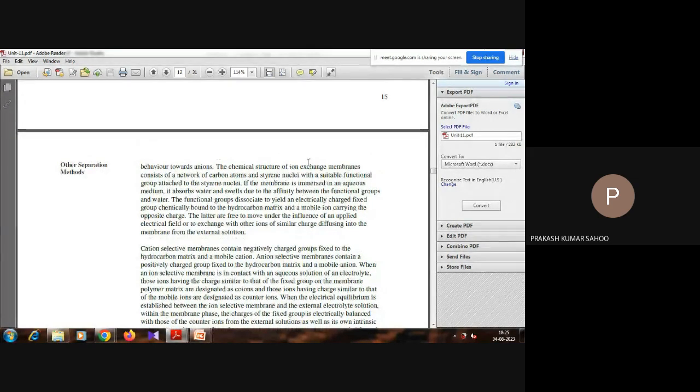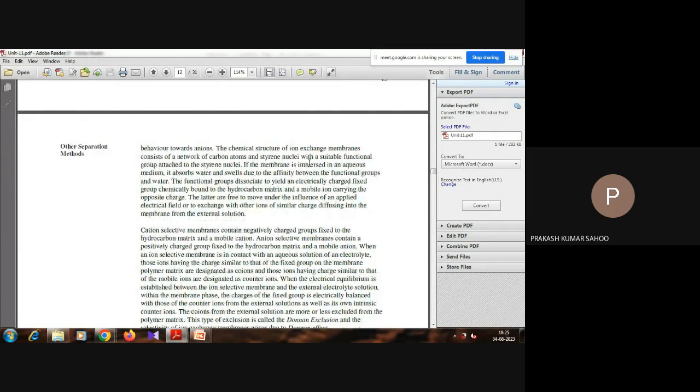The chemical structure of an ion exchange membrane consists of a network of carbon atoms and styrene nuclei with a suitable functional group attached to the styrene nuclei. If the membrane is immersed in an aqueous medium, it absorbs water and swells due to the affinity between the functional groups and water.